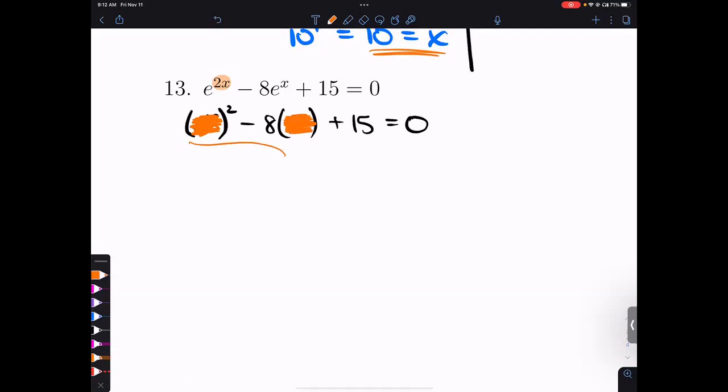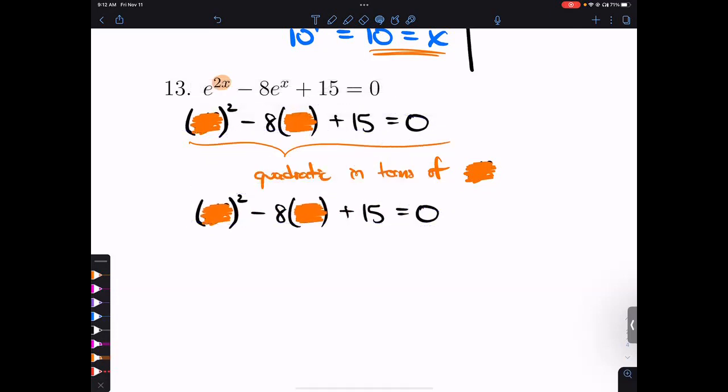And what we see is that this looks an awful lot like a quadratic, in terms of, well, whatever that is. So what I'm going to do is do quadratic things with it.